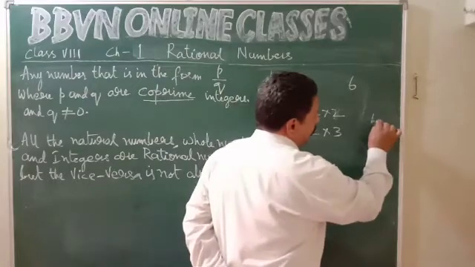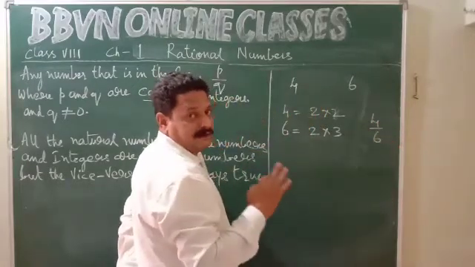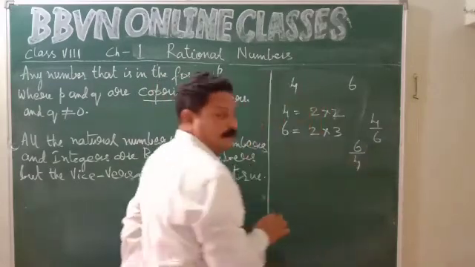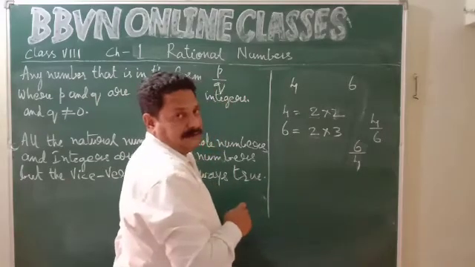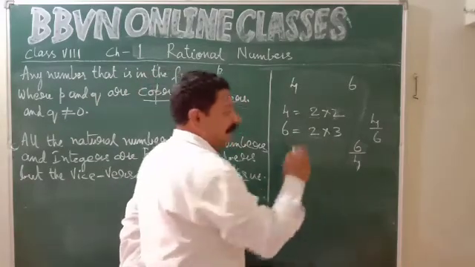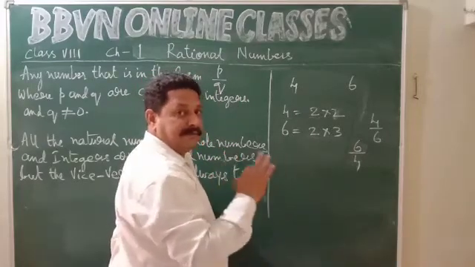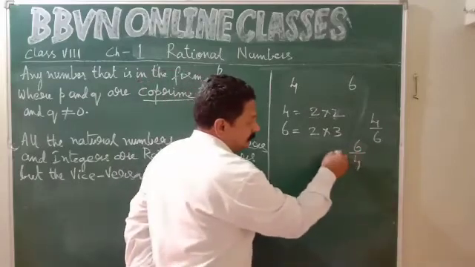So you cannot have 4 upon 6 as an ideal rational number, or 6 upon 4. They will become ideal rational numbers if we remove their common factors.